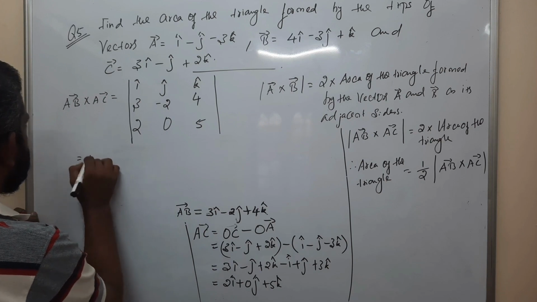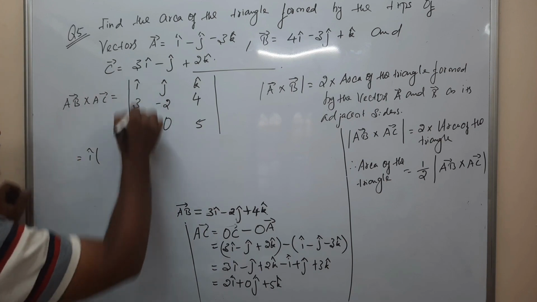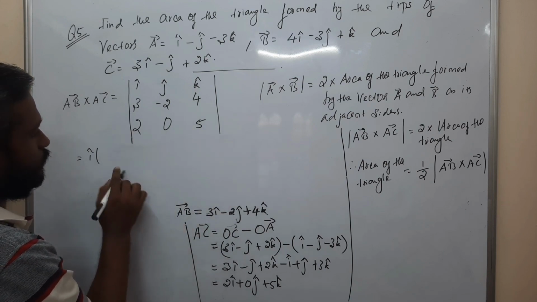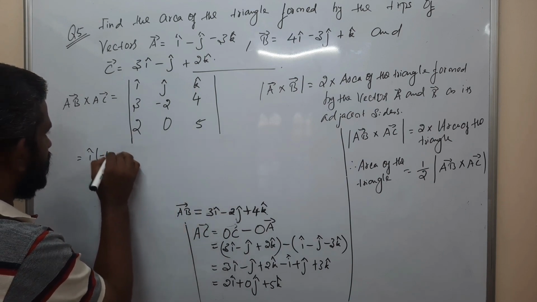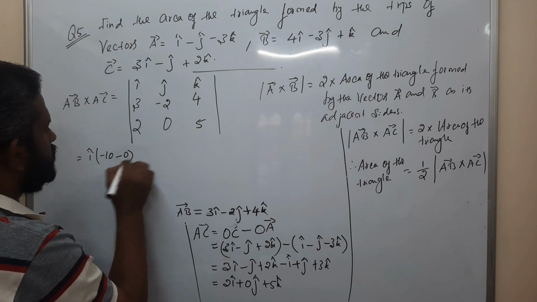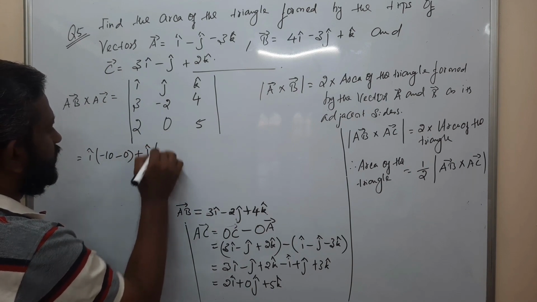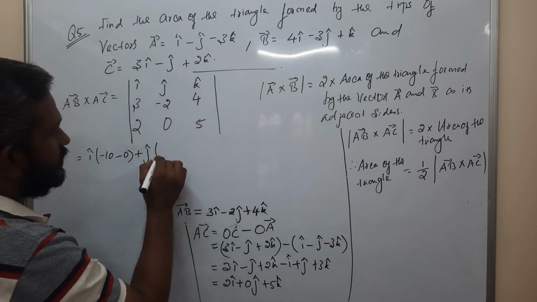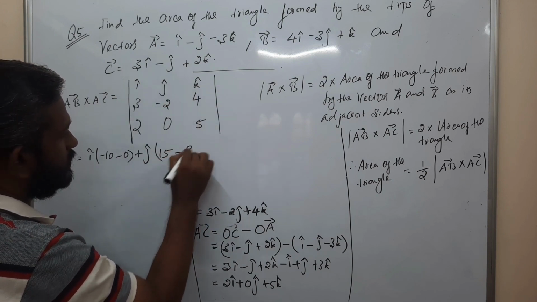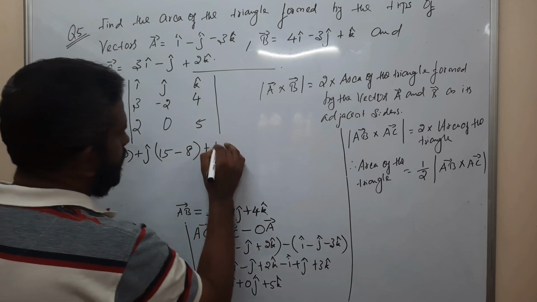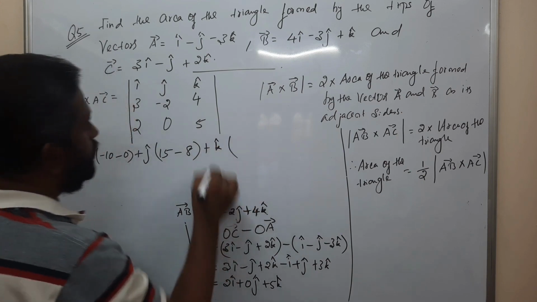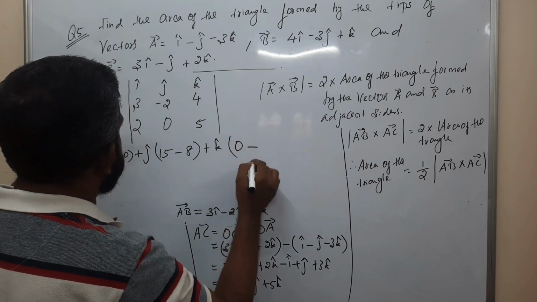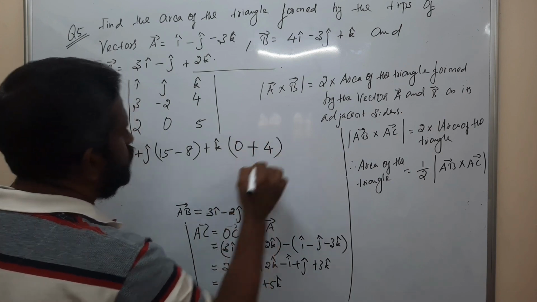So that's equal to i cap into, cutting this column and this row, 2 minus 2 into 5, minus 10, minus 0, plus j cap into, cutting this column and this row, 3 fives are 15, minus 8, plus k cap into, cutting this column and this row, 3 into 0, 0, minus into minus, plus, that is 4.